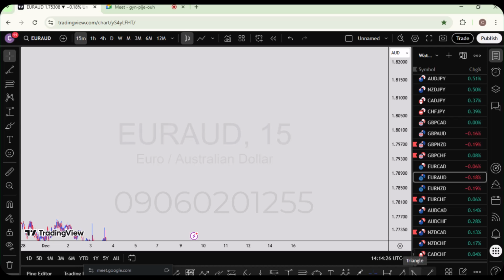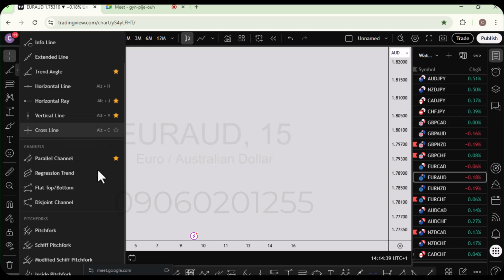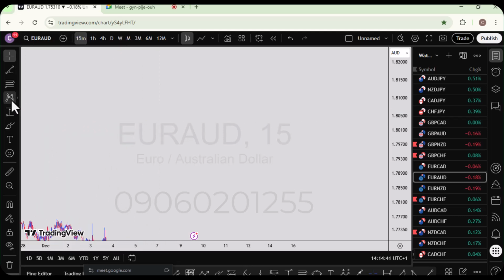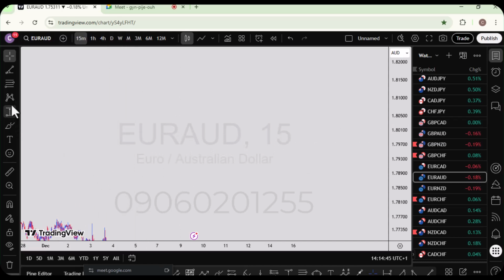Now let me just remove. What is the name of the tool, sir? Yes, you will find these two under trend, under lines. That is trend angle. Yes, I was looking for trend angles, so I'm very happy we were able to get it. So I have to remove this other one which was confusing.